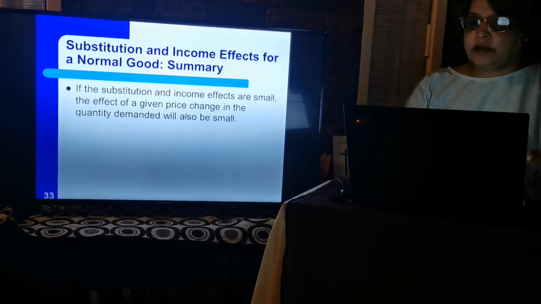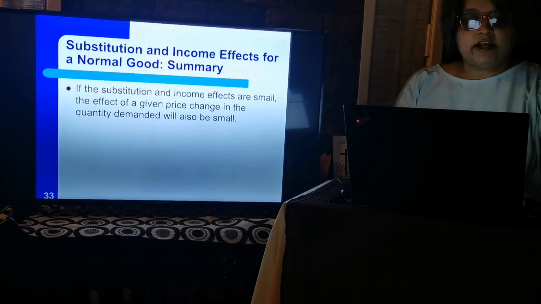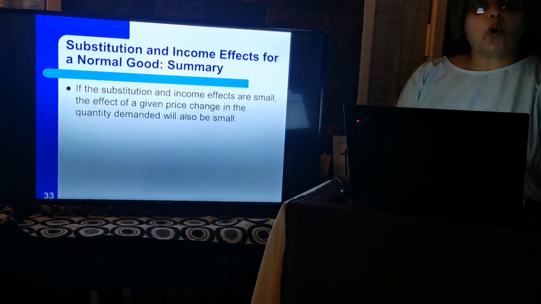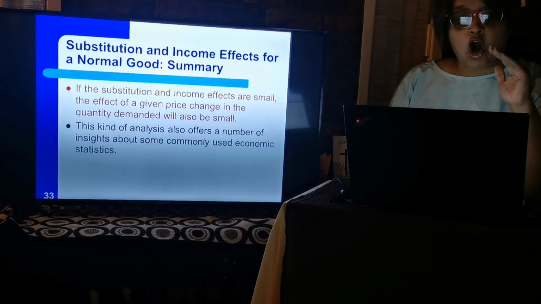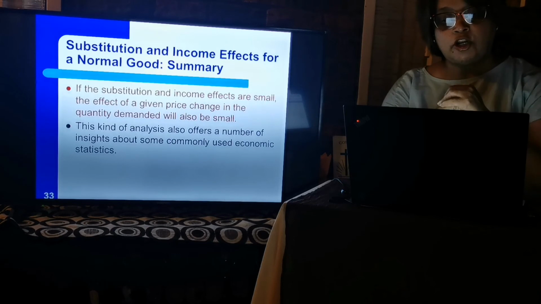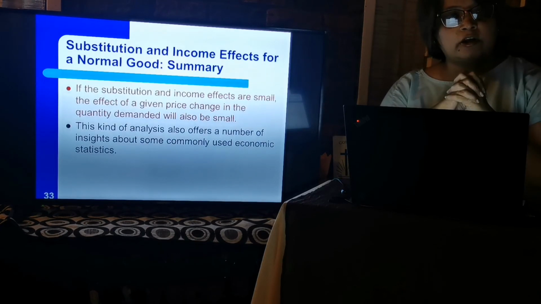If the substitution and income effects are small, the effect of a given price change on the quantity demanded will also be small. This kind of analysis also offers a number of insights about some commonly used economic statistics. I'm not going to go into the Giffen and the Veblen theories.